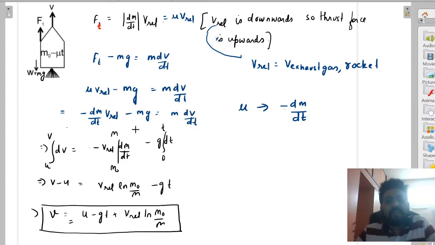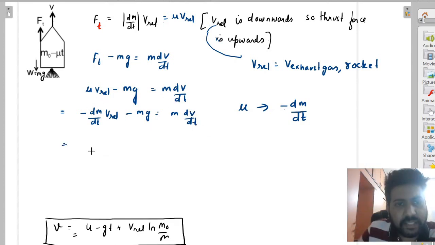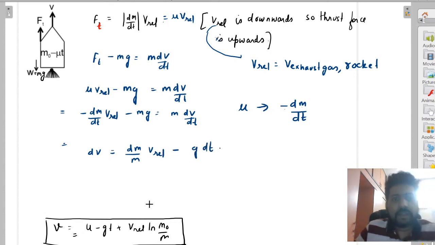So now you will separate variables and integrate it like this. dv is equal to dm by m v relative minus g dt, right?